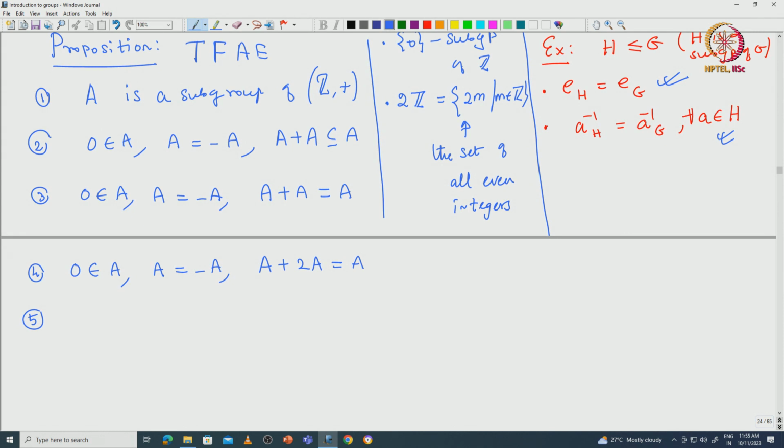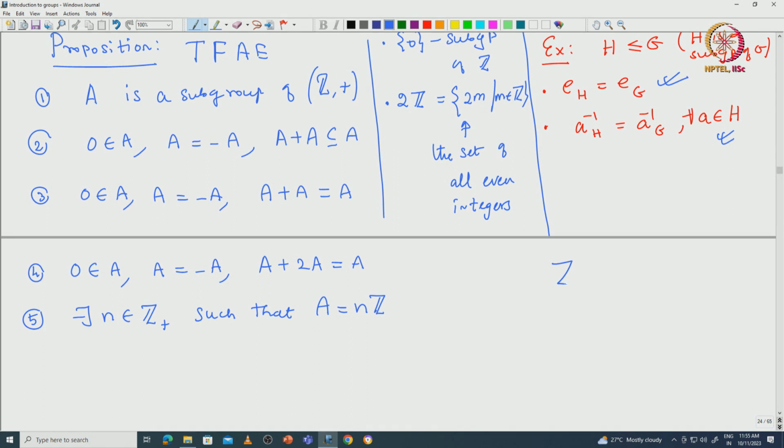Given this A, if it is a subgroup, then there exists n in G plus such that A is exactly nZ. It is not hard to check that these nZ are all subgroups, and the fifth one says that these are the only subgroups of the integers.